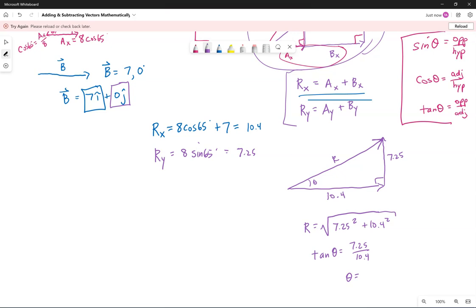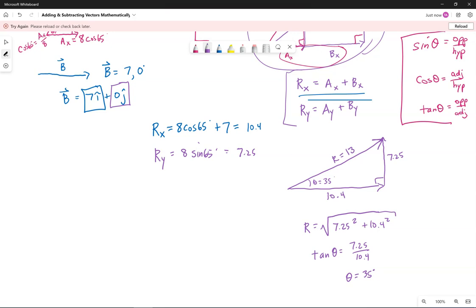Here I'm getting 35 degrees. That's what this angle in here ends up being. And then plugging into the Pythagorean theorem, the length ends up being 13.